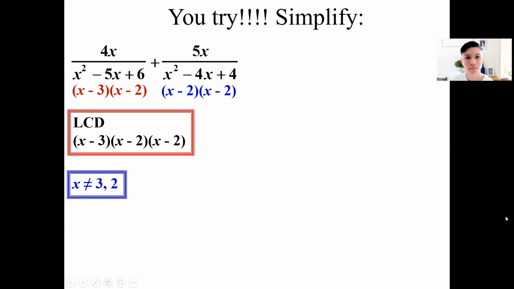If you do have an answer already, simply type your numerator, class, in the chat box. Whoever gets the answer first, type your answers in the chat box and we'll see if your answers are correct. No need to type the denominator because obviously the denominator is x minus 3, x minus 2, and x minus 2.